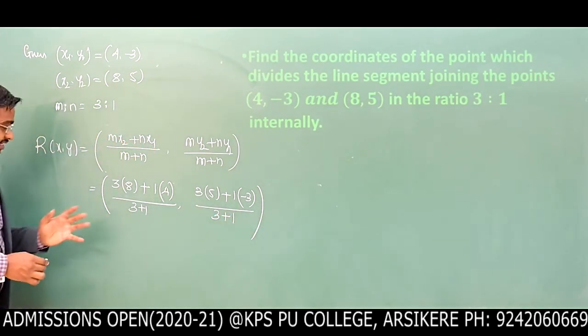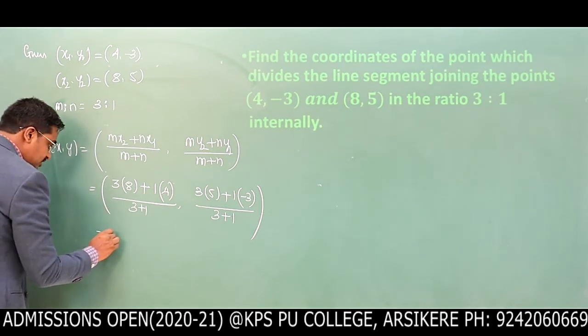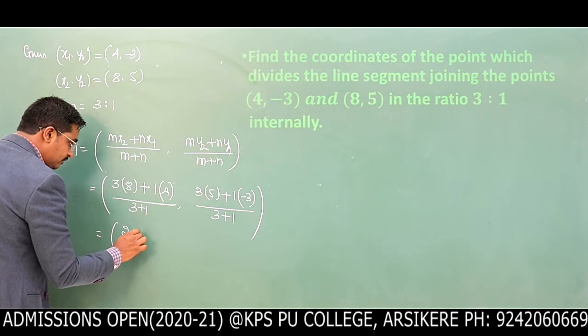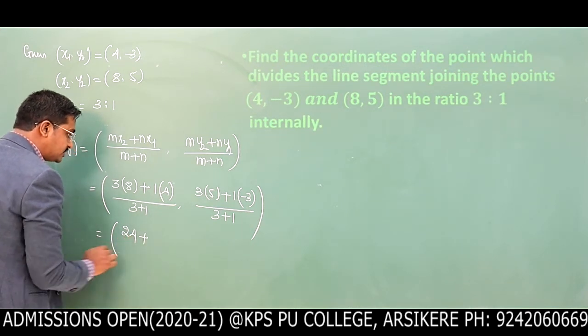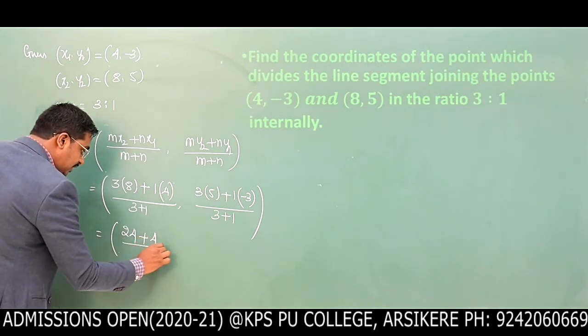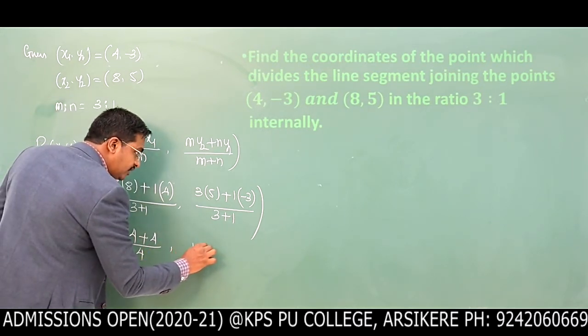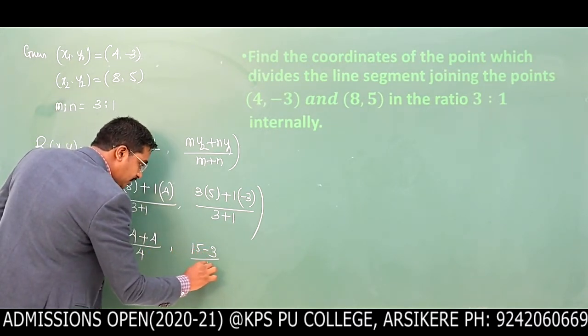Very good. Next step is simplification. Okay, this becomes 24 plus 4 divided by 4, and here 15 minus 3 divided by 4.